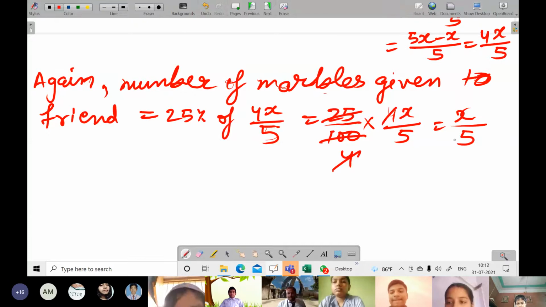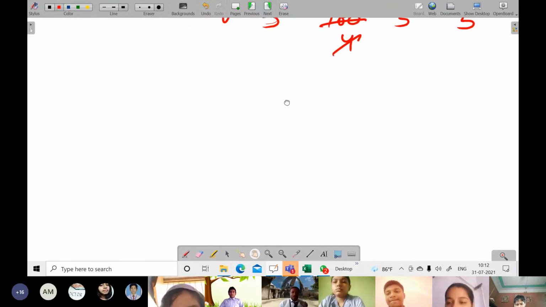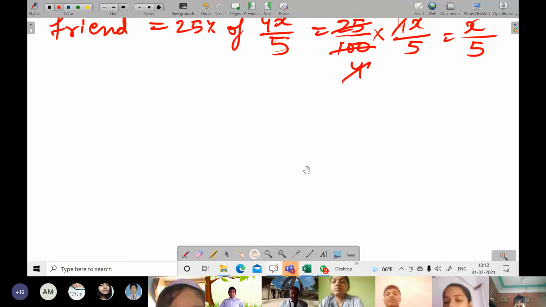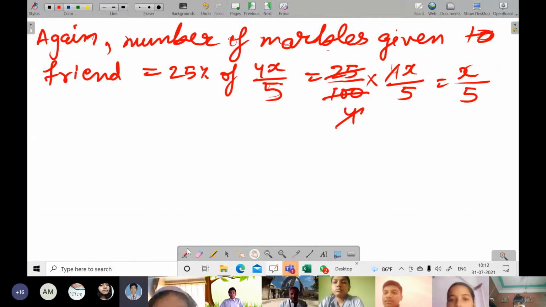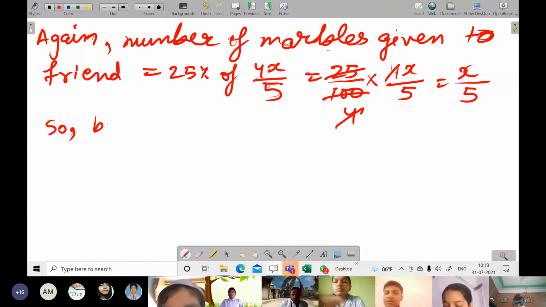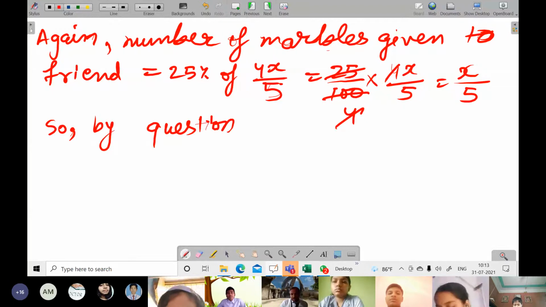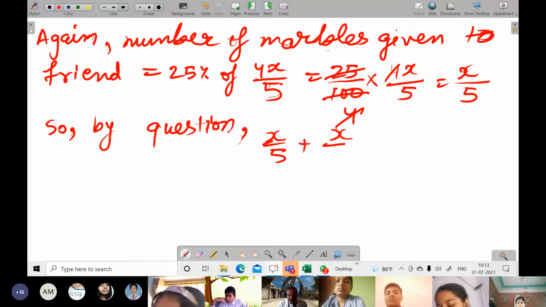So according to the question, x by 5 plus x by 5 is equal to 32, because here it has been said the total number of marbles given is equal to 32. So by question, x by 5 plus x by 5 is equal to 32.